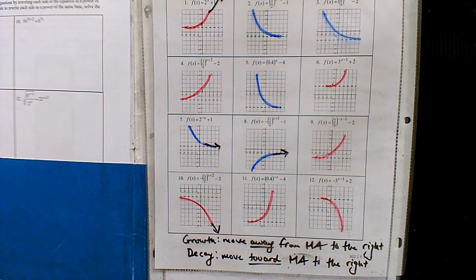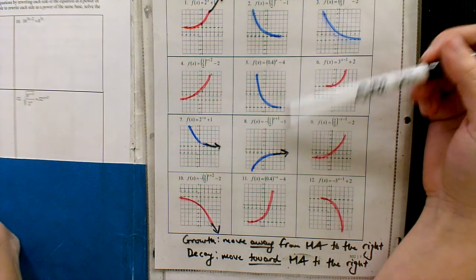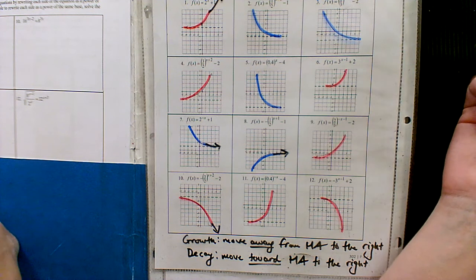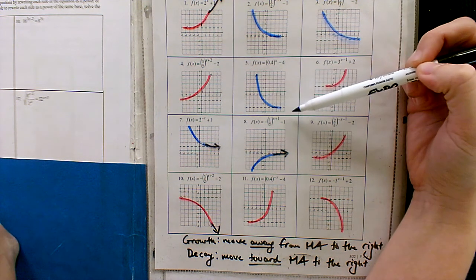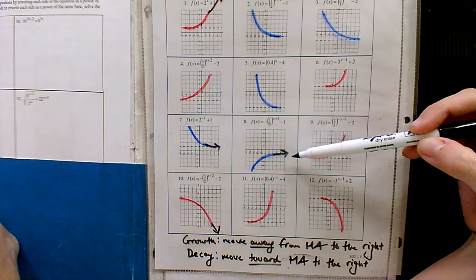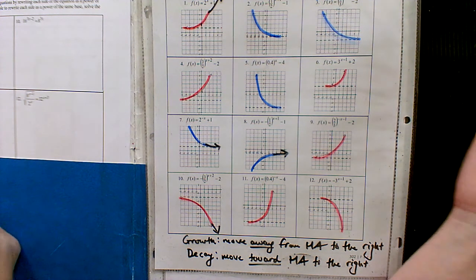Now, in addition to growth and decay, we can get even more specific. For instance, if you take a look at 5 compared to 8, they're both blue graphs, so they're both decay. But as you trace the graph, notice how number 5, your pencil goes down as you trace it, whereas number 8, your pencil goes up. So we can classify decay as either increasing or decreasing, depending on the direction of the graph.